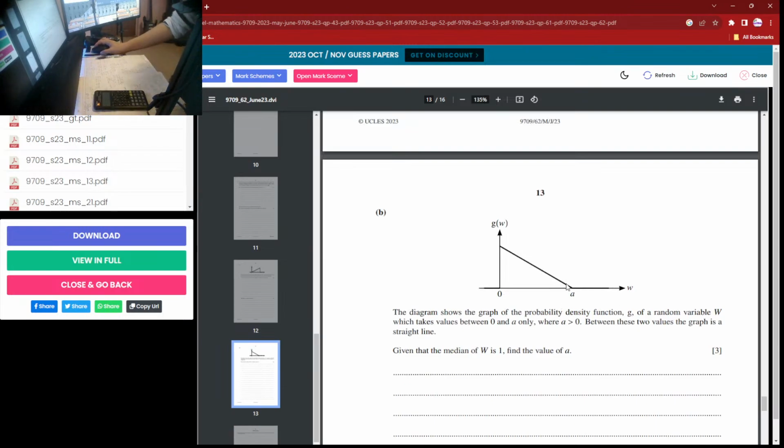So let's say when we find y equals to 0, x will be equals to a. And then for the equation, the straight line, c would be equals to here, which is, how?